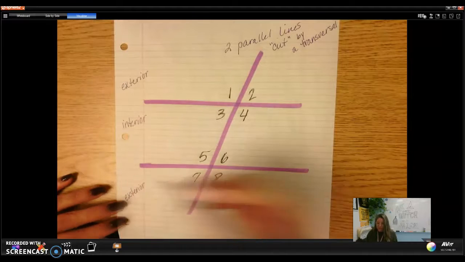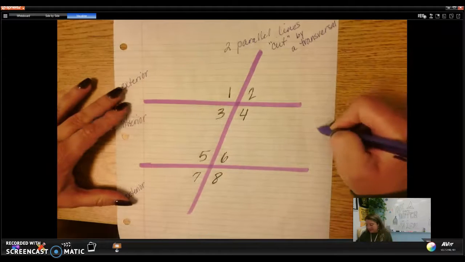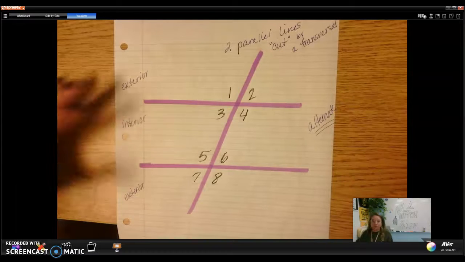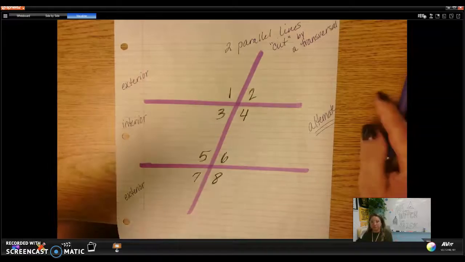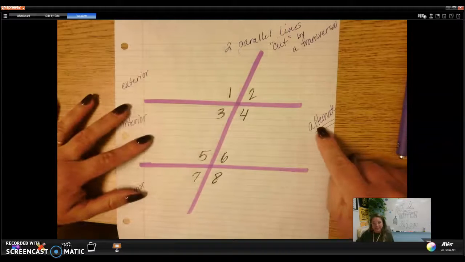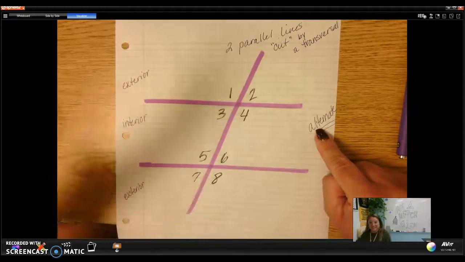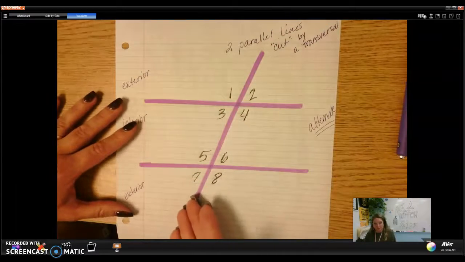There's another little interesting word that you need to know, and that is the word alternate. Okay, alternate. If you're going to alternate between something, then you're doing one thing and then something else, right? And so on the alternating sides, we're looking at the alternating sides of the transversal, okay?